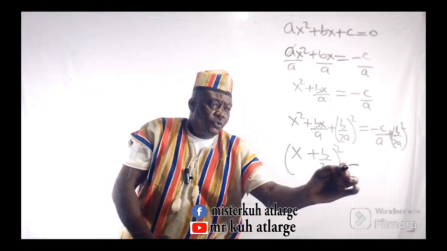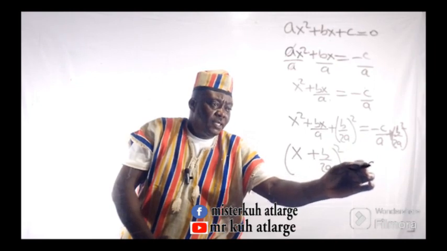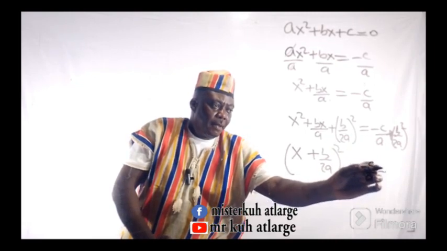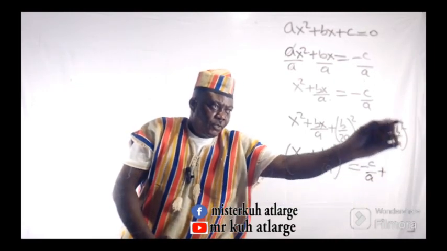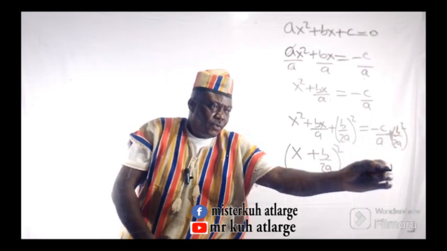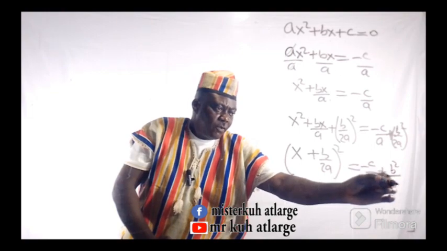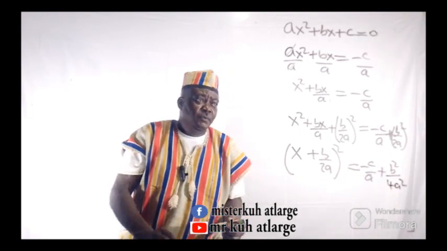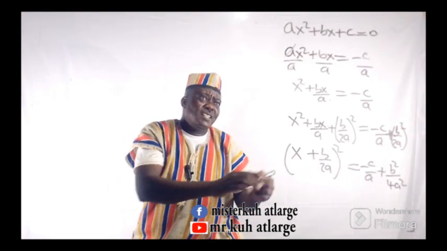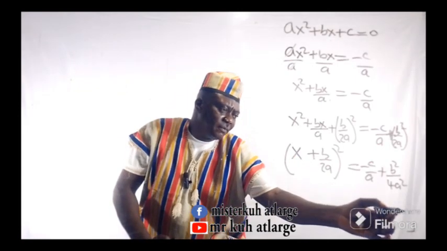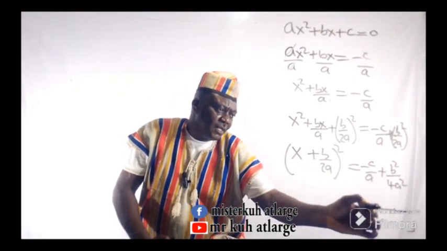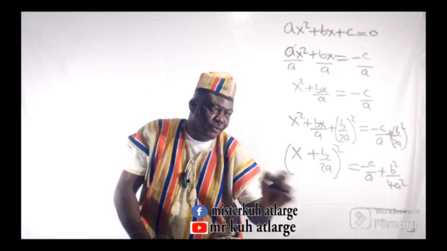So which one will be equals to minus c over a plus, you remove this bracket now, which will give you b squared over 4a squared. Now next you add this one now. The LCM of 4a squared and a is 4a squared.